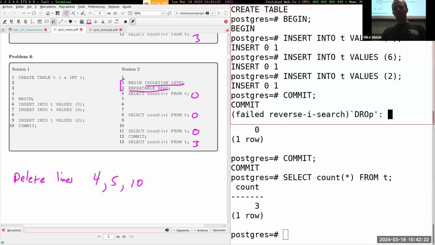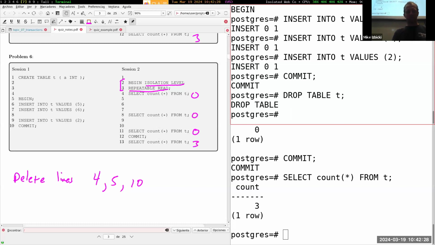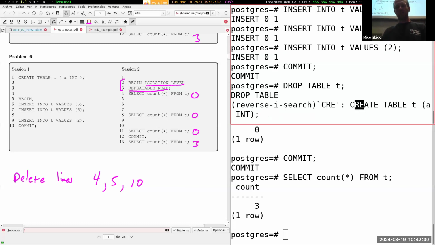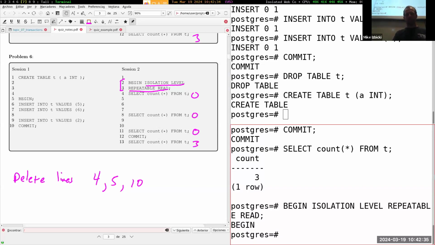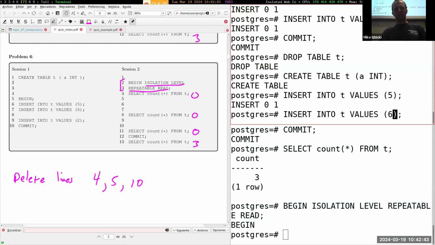I can't Control R that, I have to drop table t with a D in front. Now Control R, create table t. Control R down here, begin isolation level repeatable read, skip line 4, skip line 5, do the insert up here, insert into t values 5, insert into t values 6.